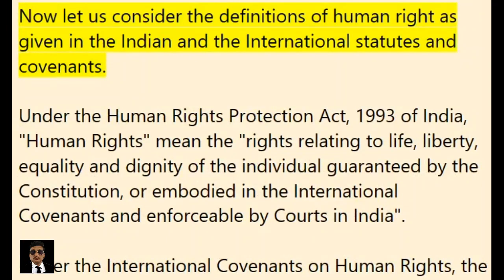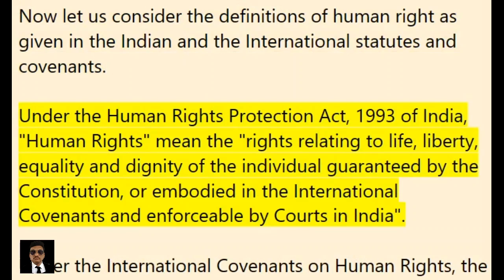Now let us consider the definitions of human rights as given in the Indian and the international statutes and covenants. Under the Protection of Human Rights Act, 1993 of India, human rights mean the rights relating to life, liberty, equality and dignity of the individual guaranteed by the Constitution, or embodied in the international covenants and enforceable by courts in India.